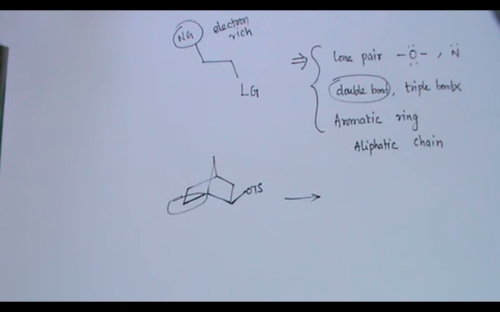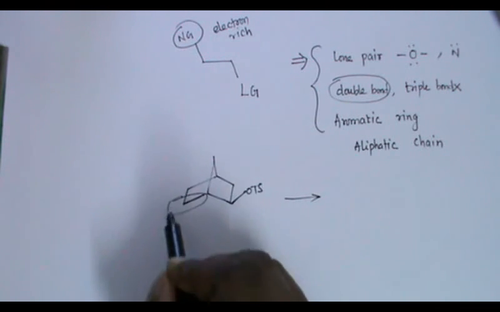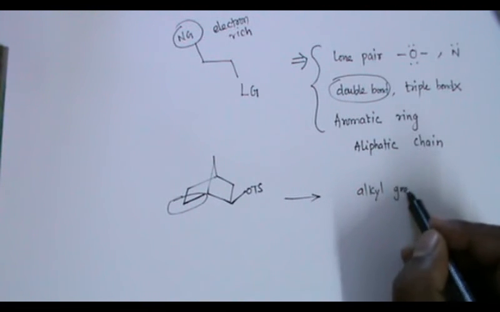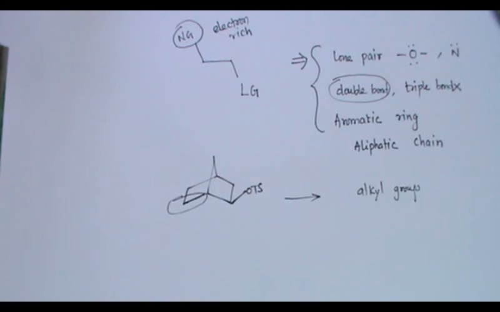The dihedral angle should be 180. In such a case, this alkyl group itself can be involved in neighboring group participation. This is only in the case of bicyclic systems. The reason is the ring strain makes this undergo the reaction.